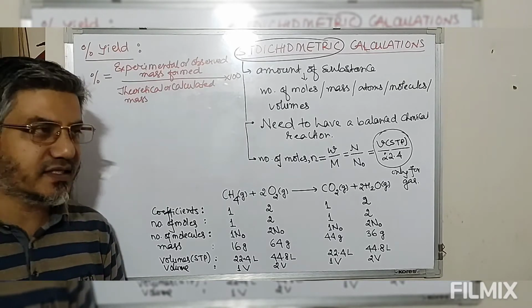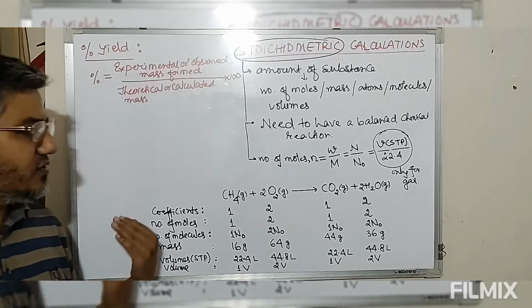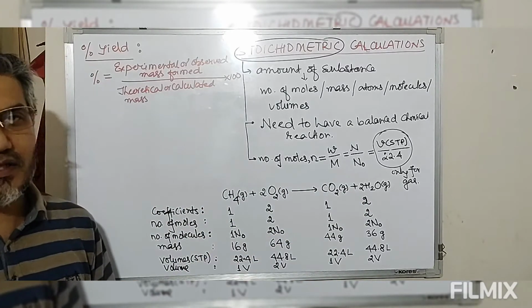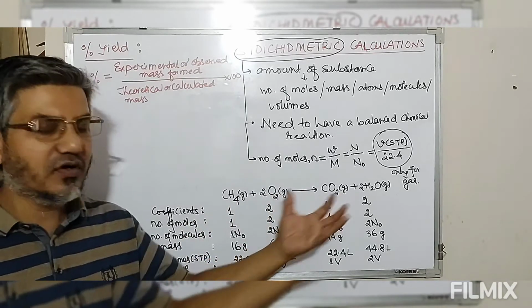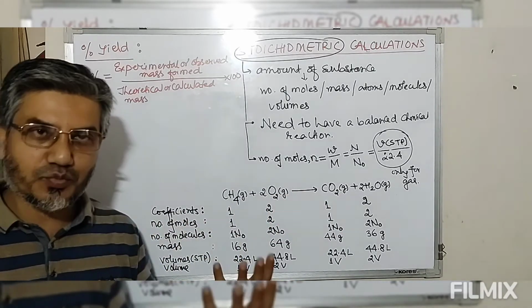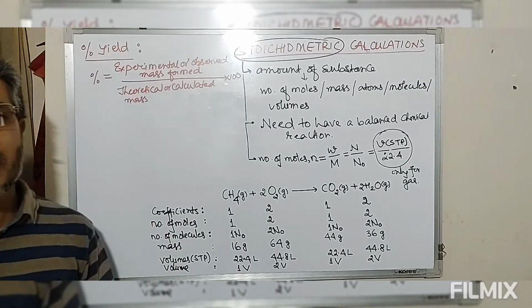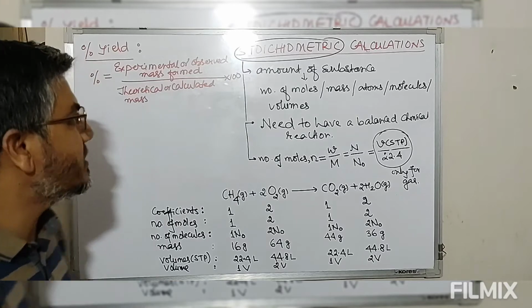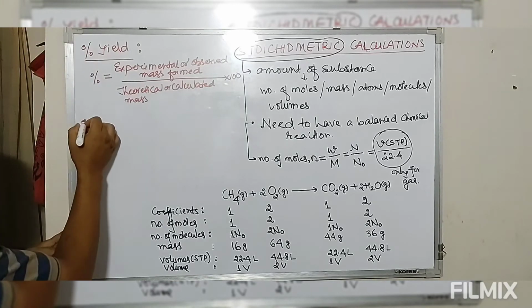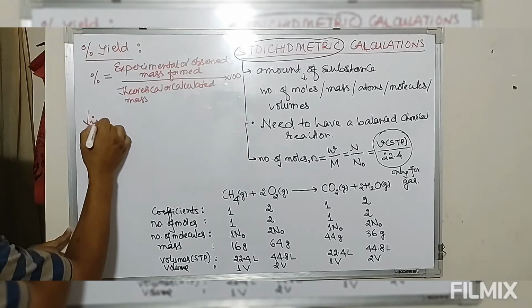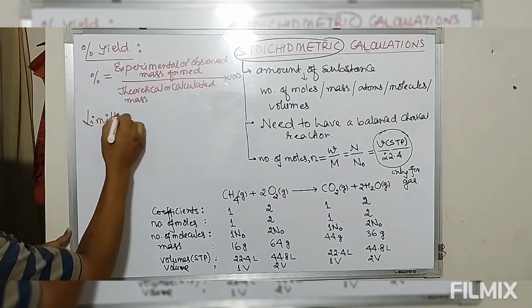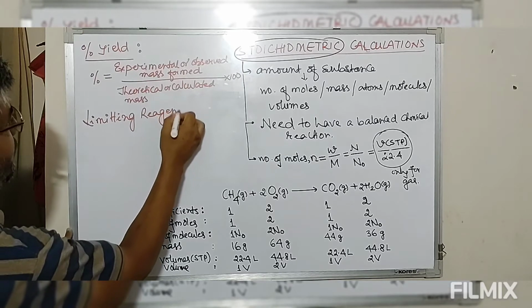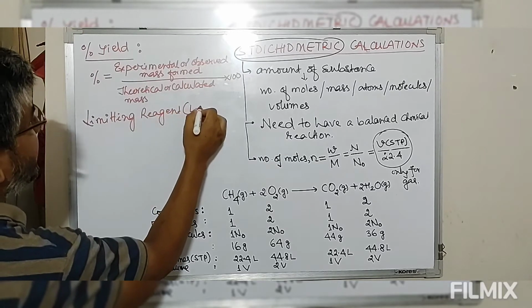The problem arises: which one should be considered for defining the quantity of the product? If this is the case, how could we define the quantity or mass of product formed? To define this, we introduce one more concept, what we call the limiting reagent, simply written as LR.